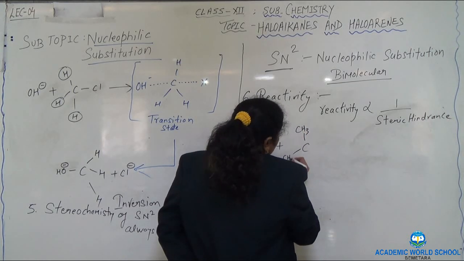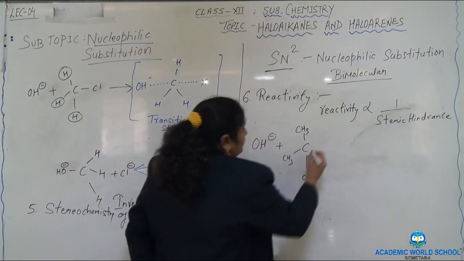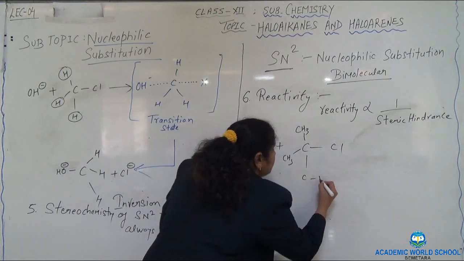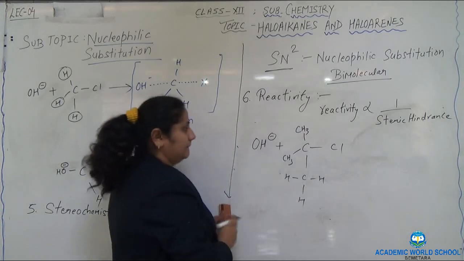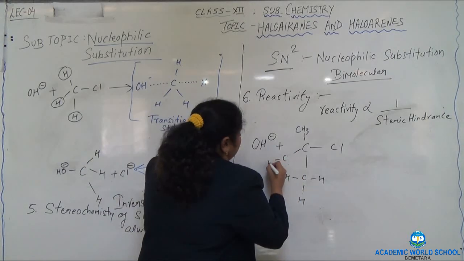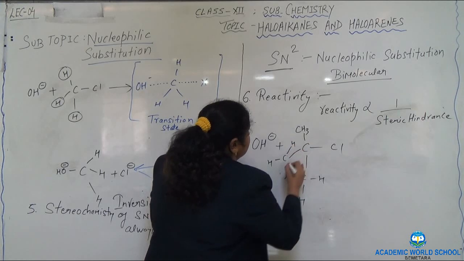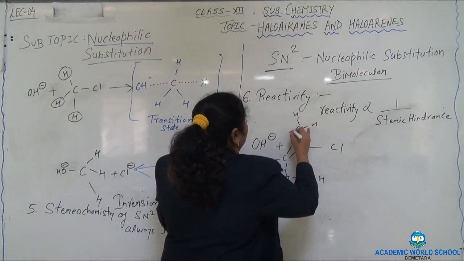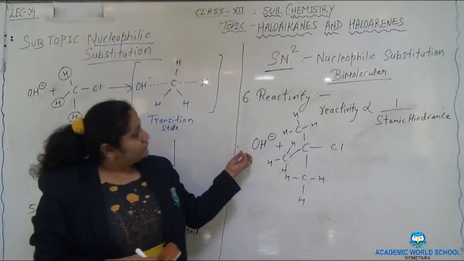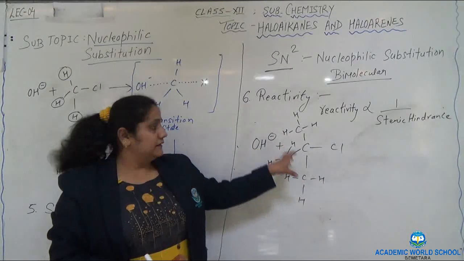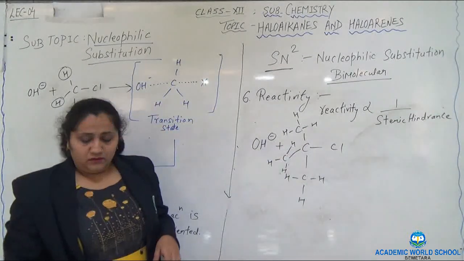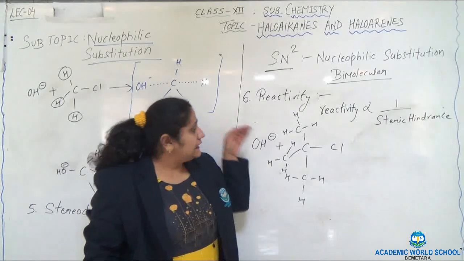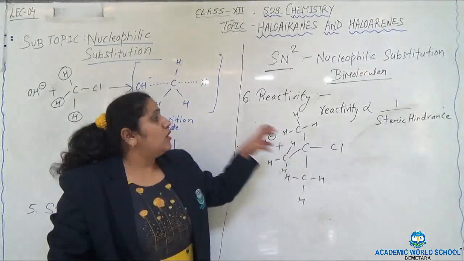CH3, CH3 and CH3 with Cl. For more clarity, I will write this CH3 as H, H, H, this CH3 as H, H, H, and this CH3 also. Now we have to attack this molecule with the nucleophile. Please see that the group becomes so bulky that when the nucleophile attacks this reagent, it will undergo a repulsion.